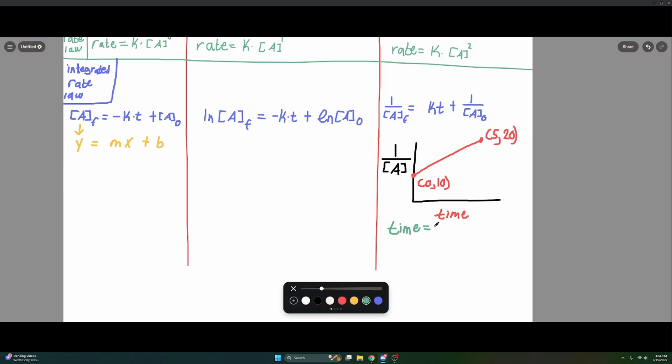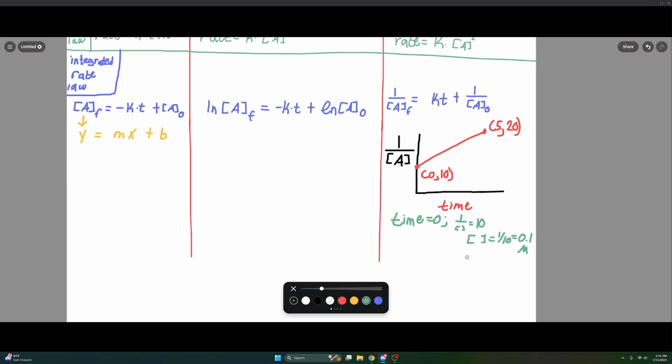At time equals 0, my 1 over concentration is 10. That means my concentration is 1 over 10. If I were to solve for the brackets, it'd be 0.1 molar.